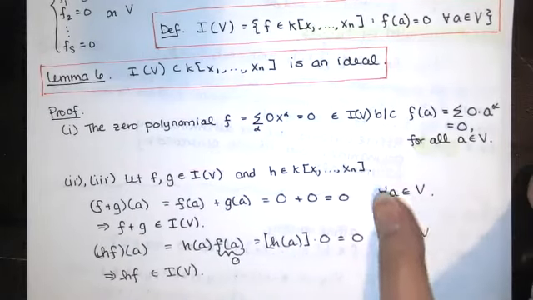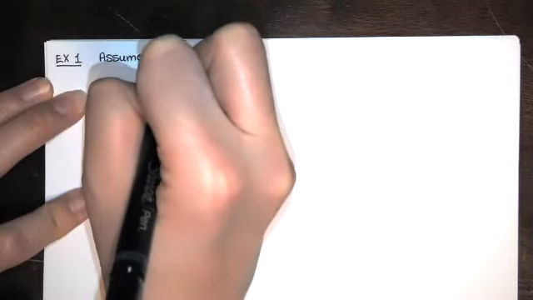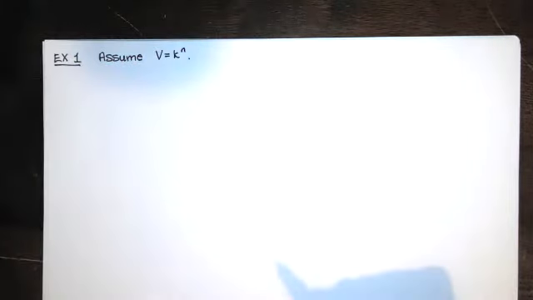Now let's look at two examples of ideals of varieties. Our first example is pretty simple. Let's say we're talking about the variety given by all of n-dimensional affine space.